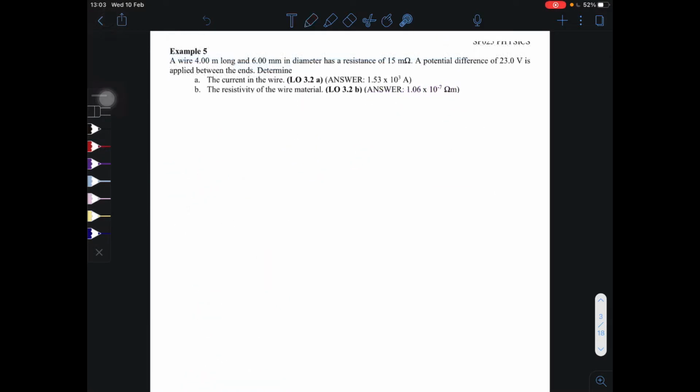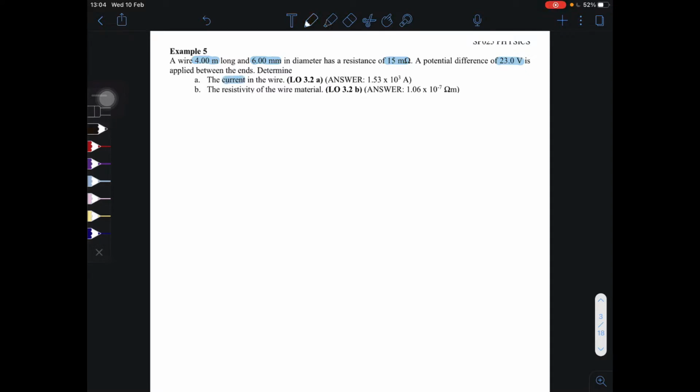Okay, next one, example 5. A wire 4 meter long and 6 millimeter in diameter has resistance of 15 milliohm. A potential difference of 23 volt is applied between the ends. Determine the current in the wire.